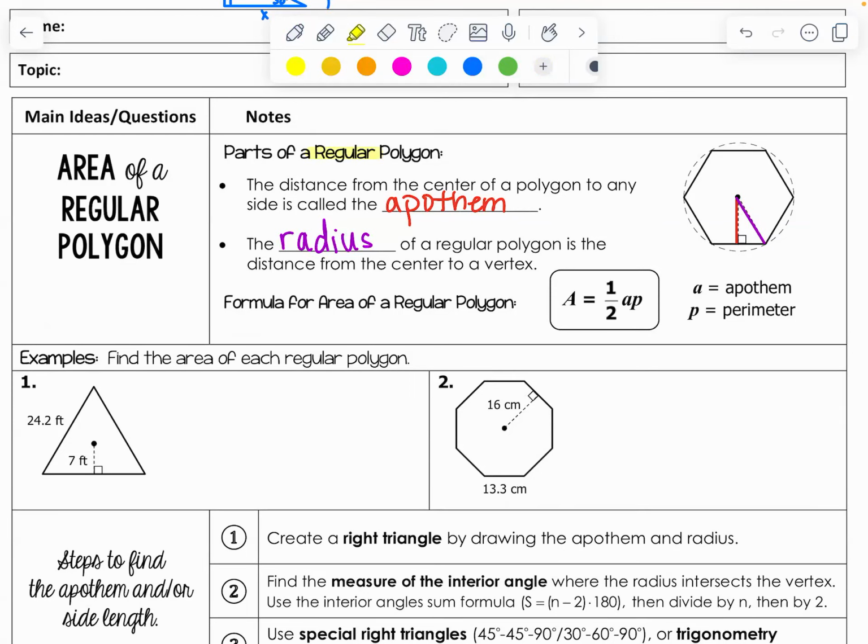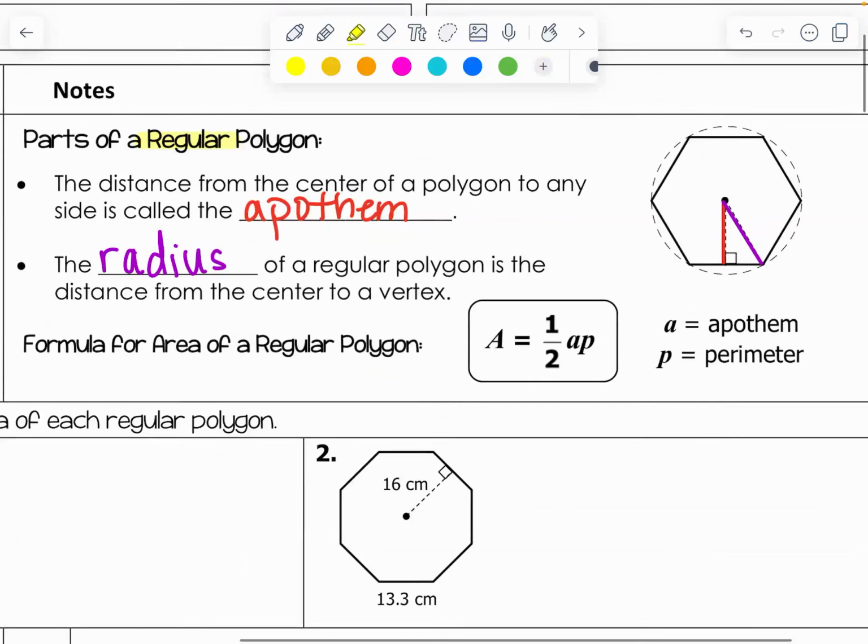If we have a polygon that is regular, all sides are the same, then we can find the area of our polygon by taking 1/2 times the apothem times the perimeter. Essentially, we can find the area of a triangle by taking 1/2 base times height, right?